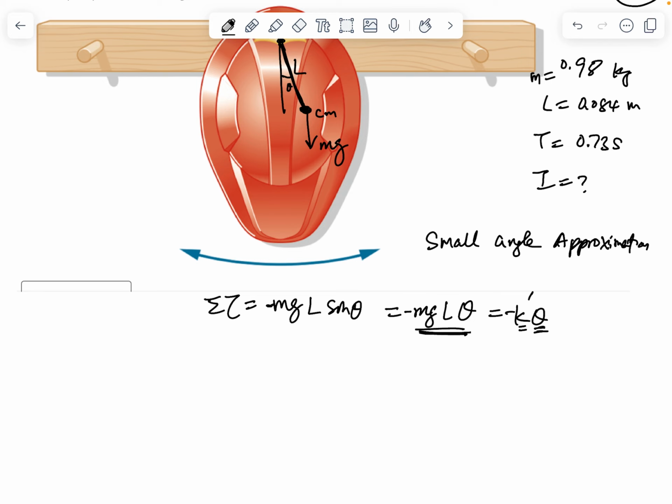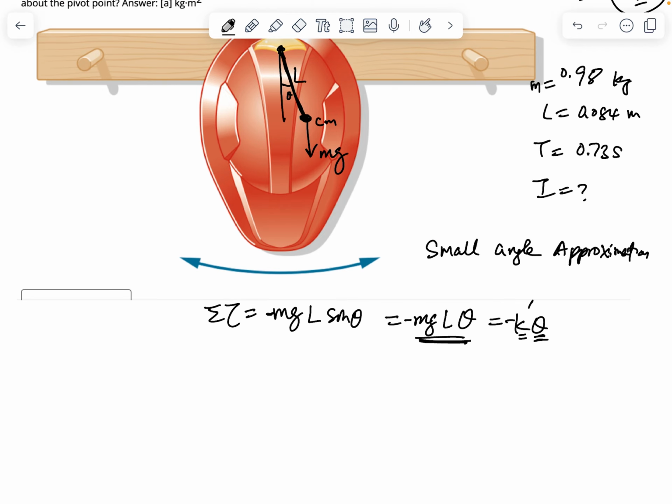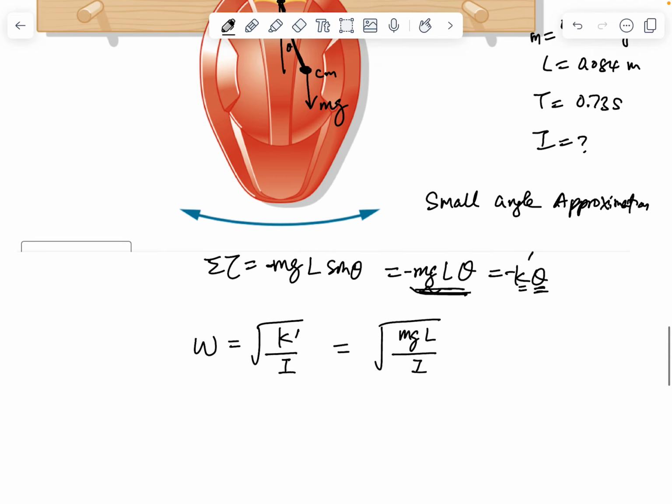If that happens, then angular frequency equals square root of k prime over moment of inertia, because this is rotational motion. So this is square root of mg L over I, and the period equals 2 pi over omega equals 2 pi square root of I over mg L, right?